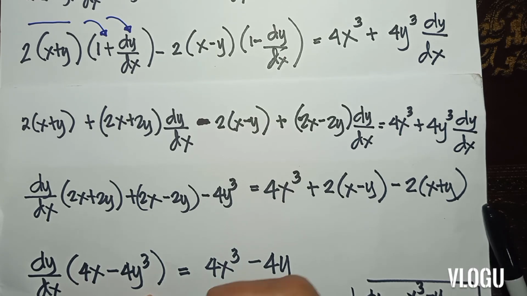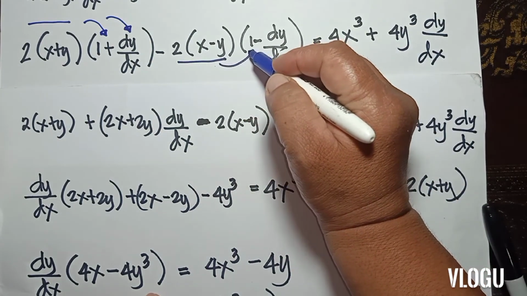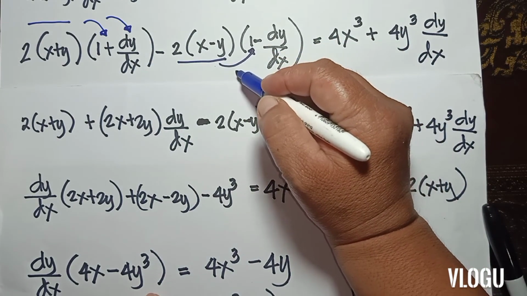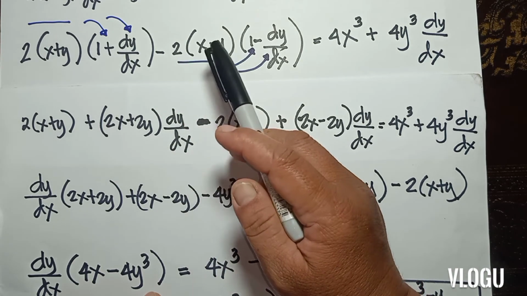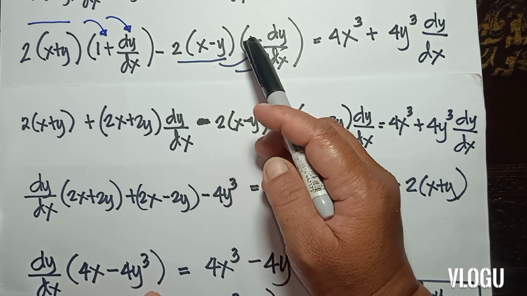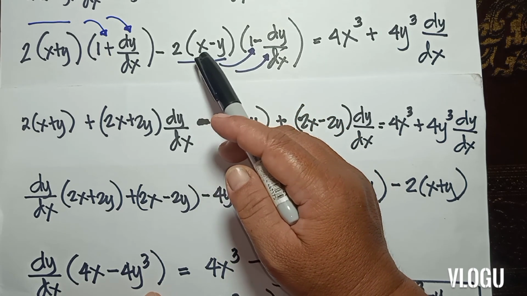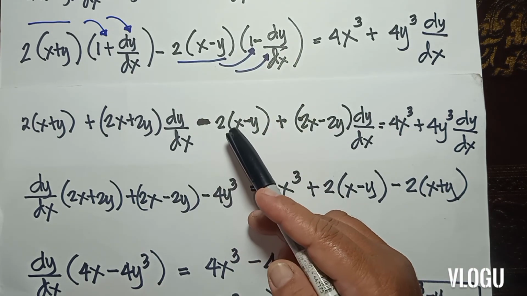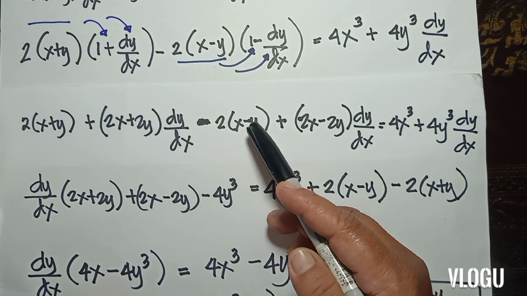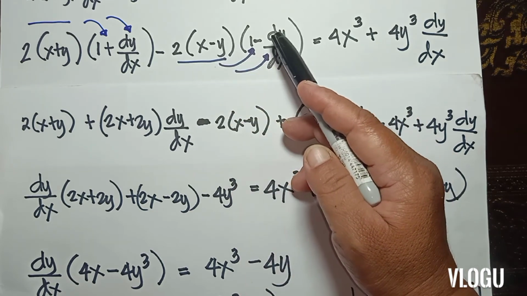Then here, this one, distribute to 1 minus dy/dx. So that's the reason we will have negative 2 times x minus y times 1, that's the reason we have negative 2x minus y. Then negative 2 times x minus y times negative dy/dx.